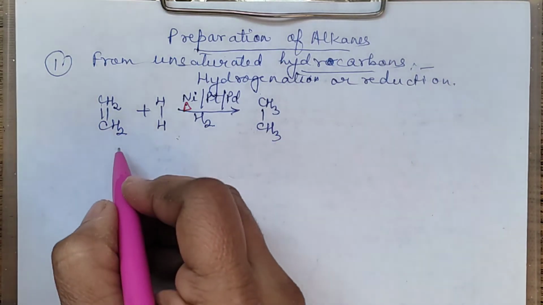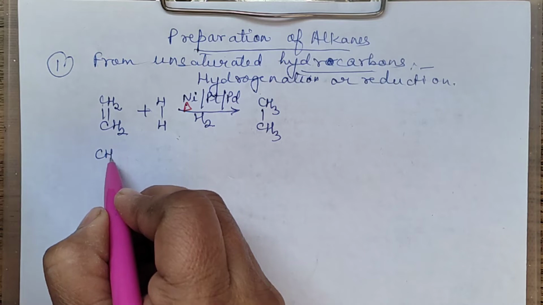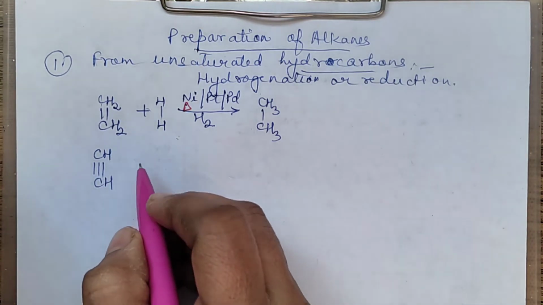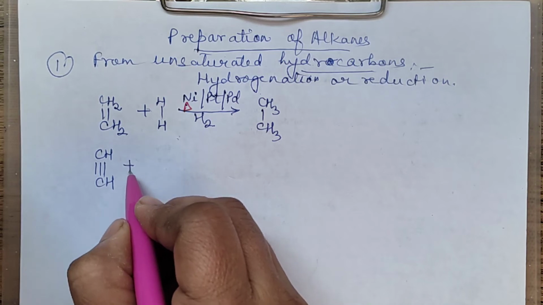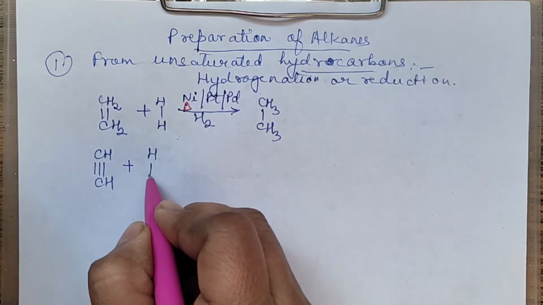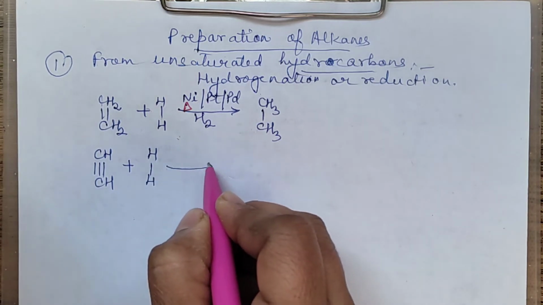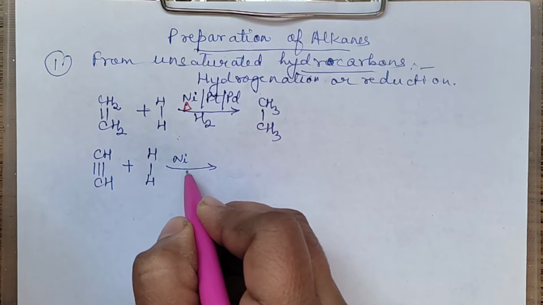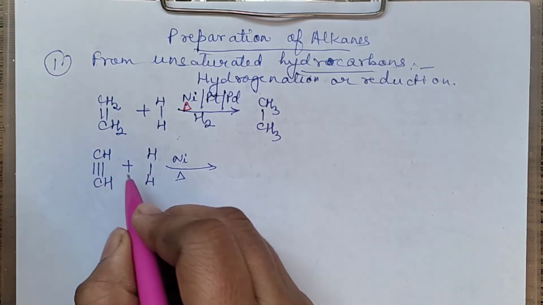So suppose you are using ethyne, that means triple bond. So in that case what will happen? You will have to add two hydrogen molecules. In a way, first one H2 will add on in the presence of, say, nickel, platinum, palladium, whatever. Okay, you have to heat it. So this will add on.